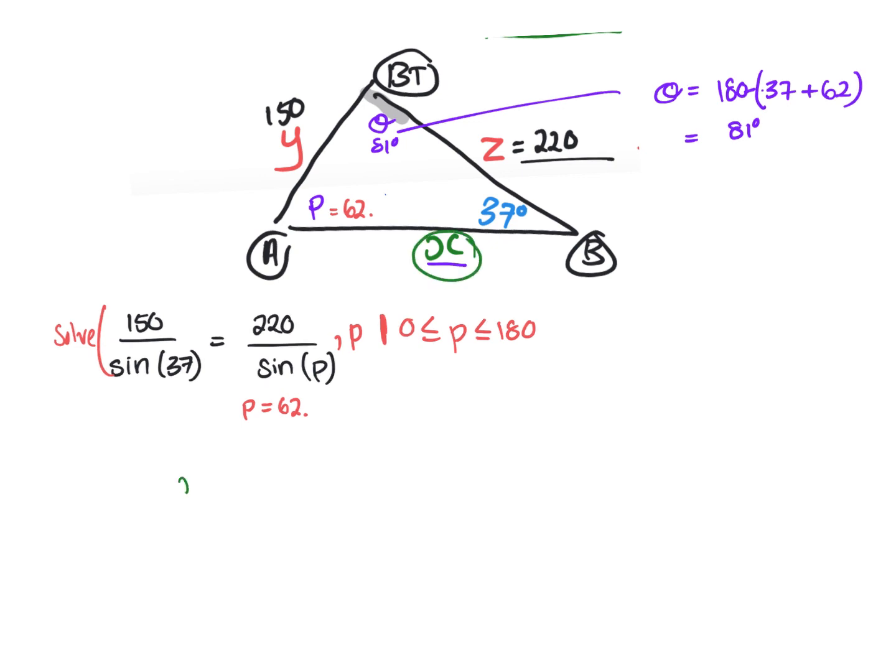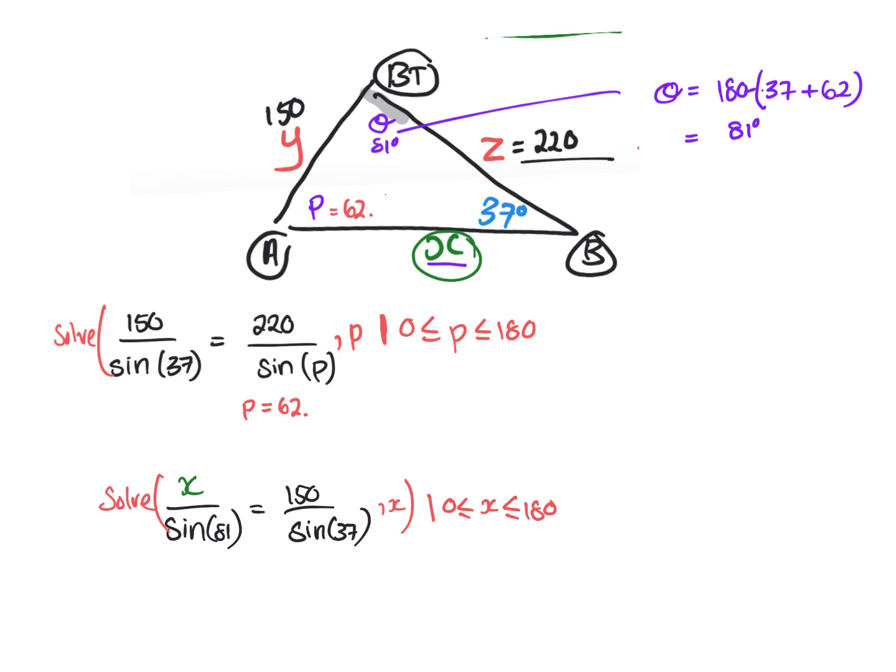So I'm going to go X over sine 81 because that's the angle that goes with that one. And then I'll still use the 150 over sine 37. So once again, you'll do the solve, comma X. Actually, you don't need to do the angle line this time, because it's the distance.